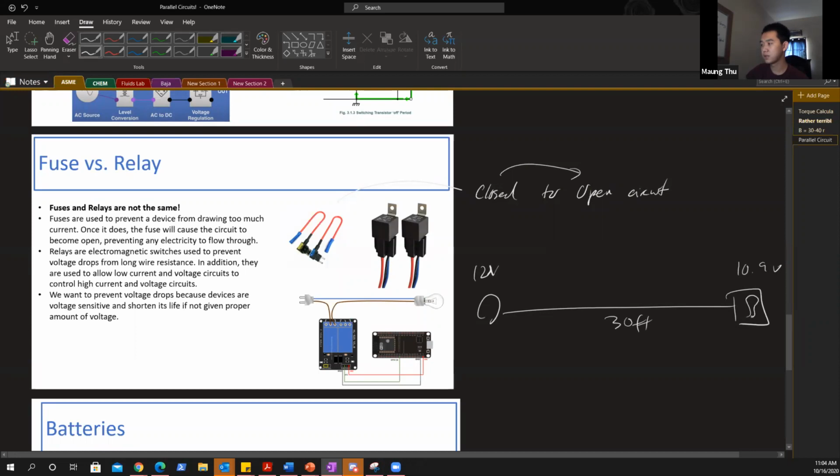But this light bulb, say, needs 12 volts. So if you're only providing this much, the life of your bulb is going to decrease. Let's just say you have an LED, which is supposed to last a very long time. But if you don't supply a sufficient amount of voltage, the life of this light bulb can dramatically decrease.